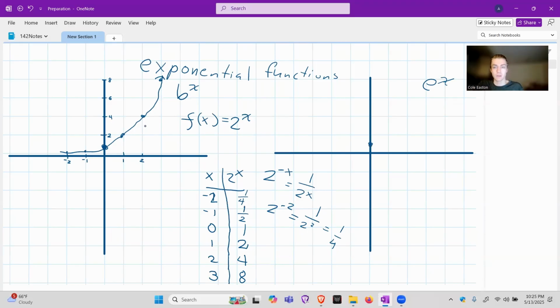And then to the 1 is going to be a little more than 2, and so on. So when you're graphing exponentials, we don't expect a high level of detail, just this general shape where you're approaching the x-axis as you move in the negative direction, and you're exploding upward in the positive direction.